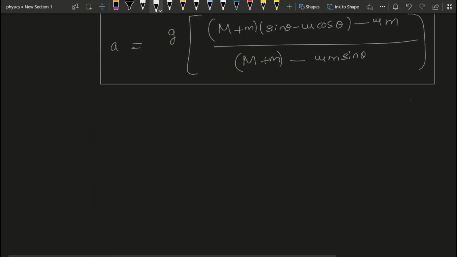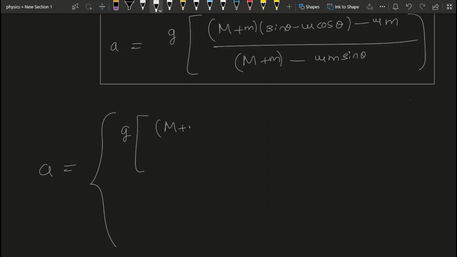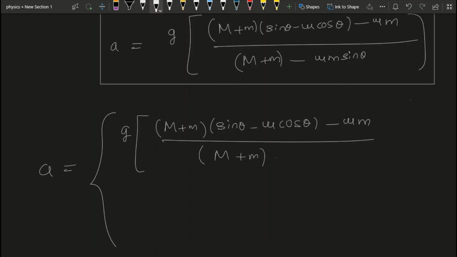So you can simply write the acceleration in this manner: acceleration can be written as g into capital M plus small m into sine theta minus mu cos theta minus mu into m, divided by capital M plus small m minus mu into m sine theta.